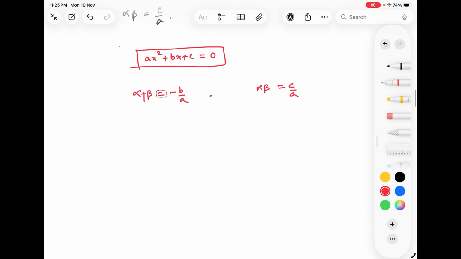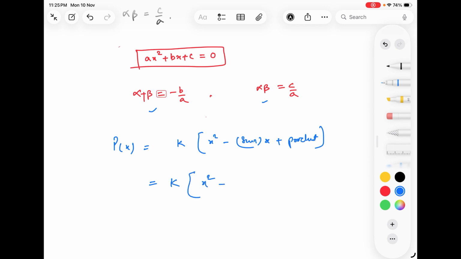And if you need to construct a quadratic equation whose sum and product is given, or whose roots are given, you use the formula p(x) equals to k times of x square minus sum of the roots into x plus product of the roots, that is k times of x square minus minus b by a.